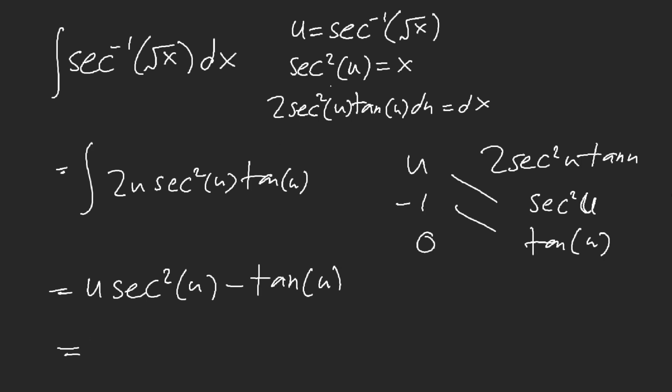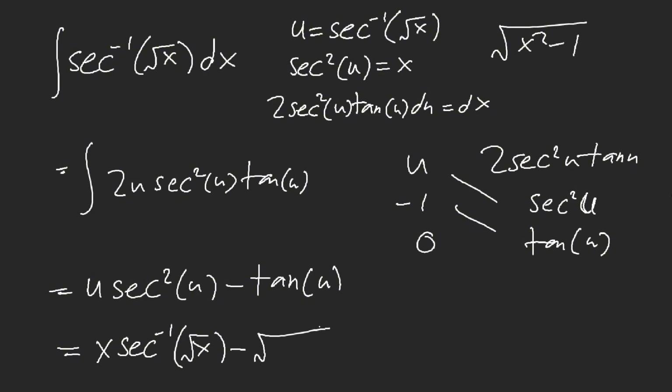And so now turning it all back, remember secant squared? So it's x inverse secant square root of x minus tangent of inverse secant. Tangent of inverse secant is, I think, this. So then you pretty much have square root of x minus 1.